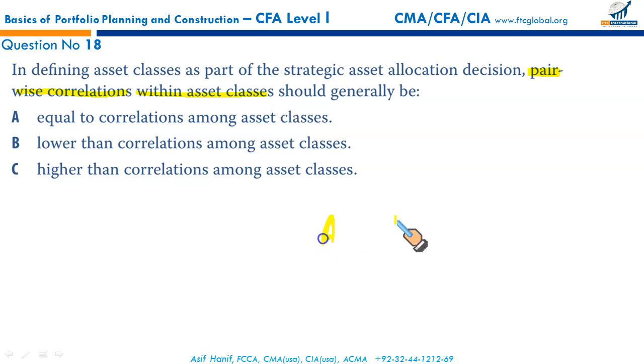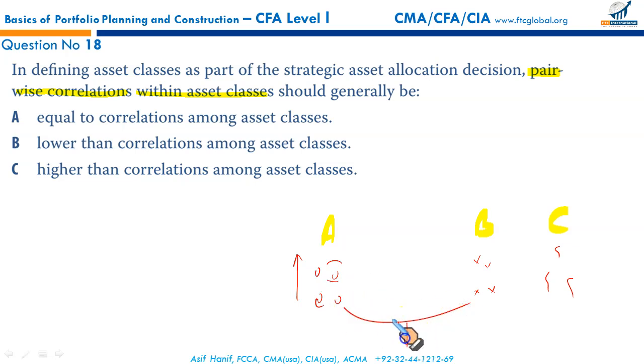Like if you have asset classes A, B, C, we should have identical assets in asset class A and B and C. Paired correlations between these securities in the same class would be high within the same asset class, but the correlation between different asset classes should be lower, and that makes it higher than correlations among the asset classes. That makes C the correct option.